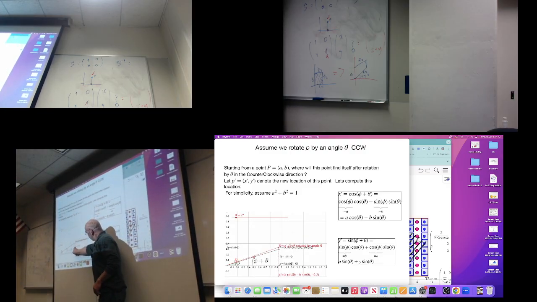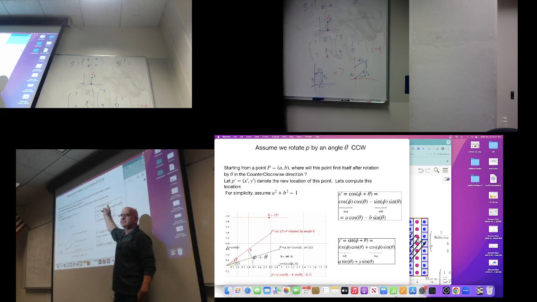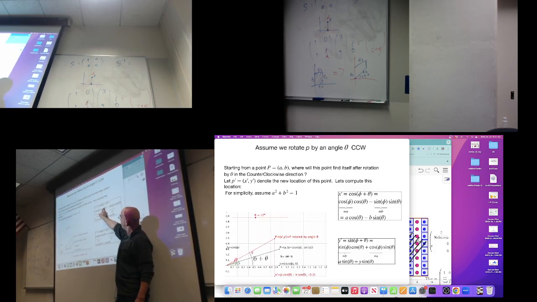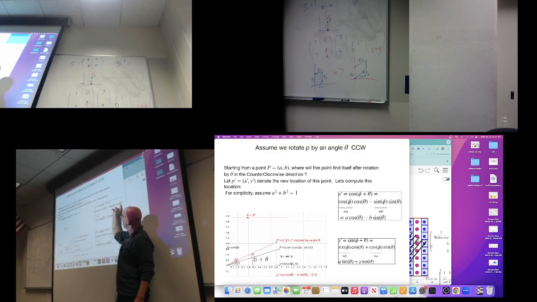Before that, it was cosine of phi. Now it's becoming cosine of phi plus theta. And then you check the textbook or ChatGPT, and it tells you that there is a formula for the sum of two angles. Cosine of phi plus theta is just cosine phi cosine theta minus sine phi sine theta.